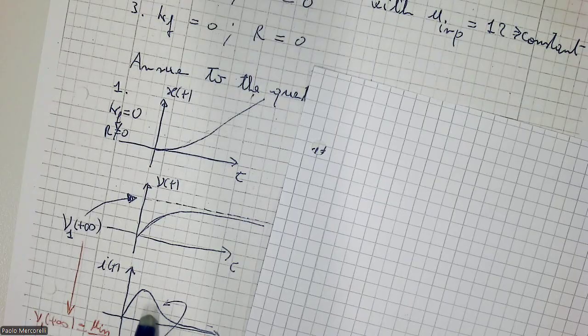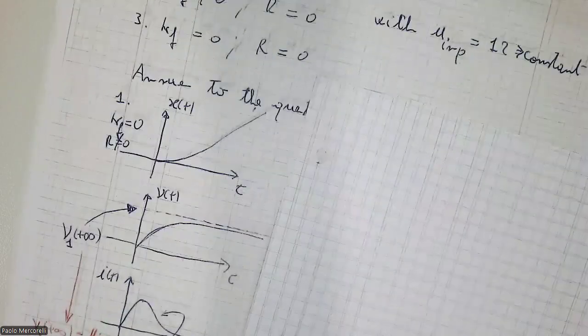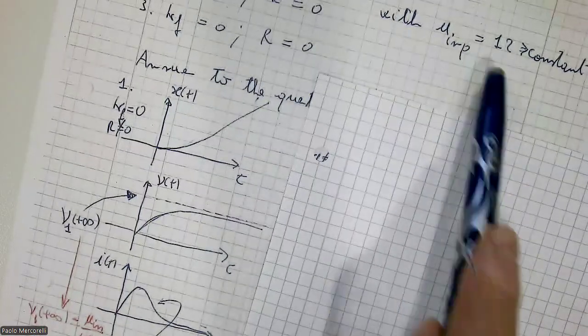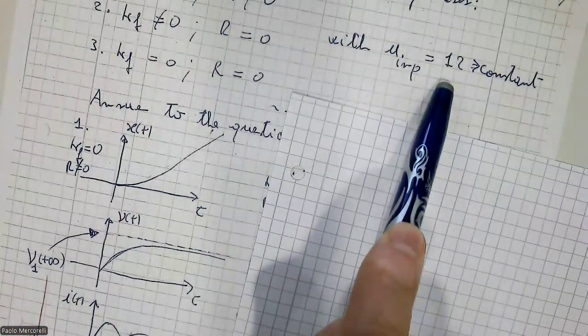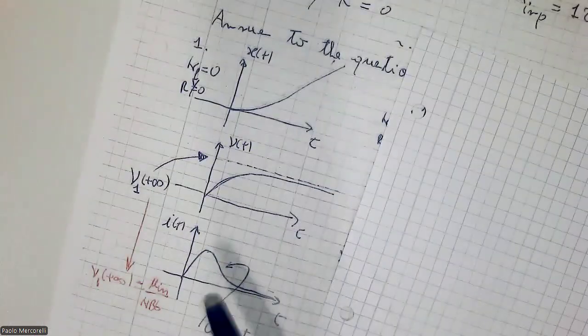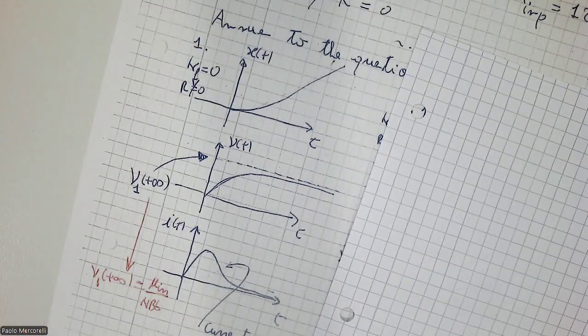Look, but the current does not converge to a constant value, but converges to zero, even though the voltage is not zero. Why is it converging to zero?